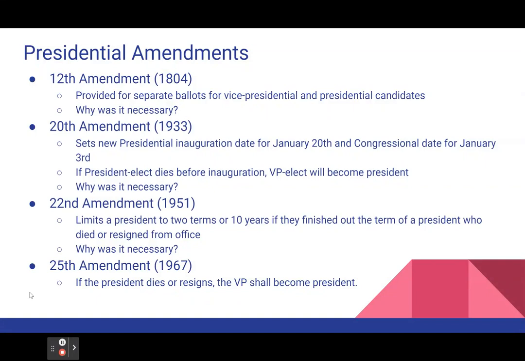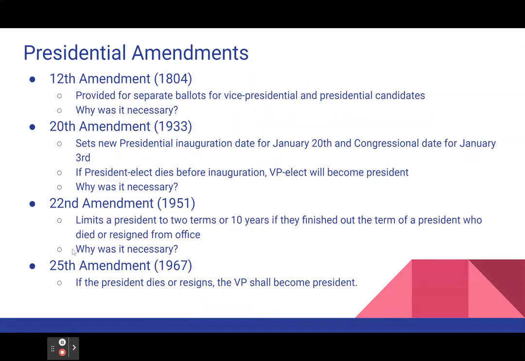I mean, Nixon's presidency had all sorts of leftover trauma. If the president is temporarily disabled and is unable to carry out his functions as president, so let's say, for example, the president has to have surgery, which has happened before, he's got to inform the Speaker of the House and the president pro tem in writing.